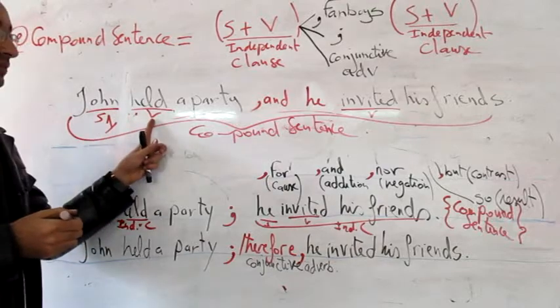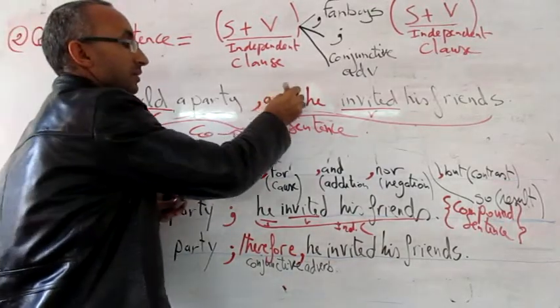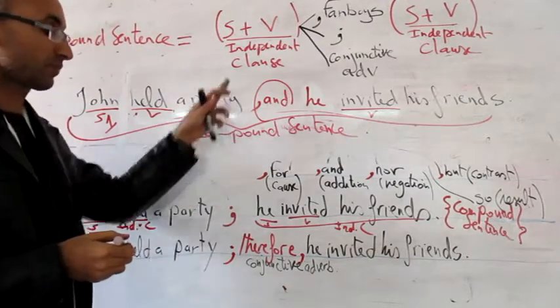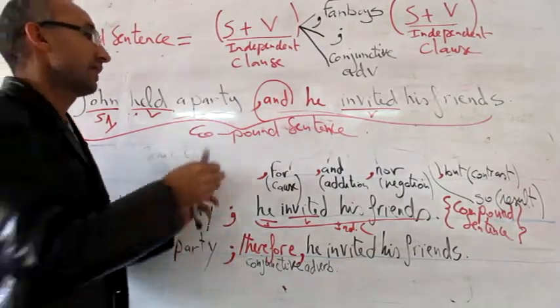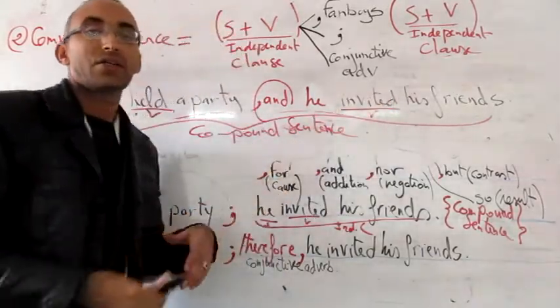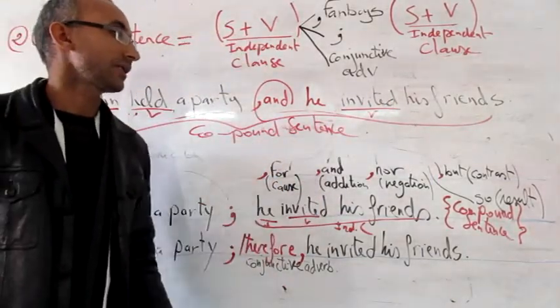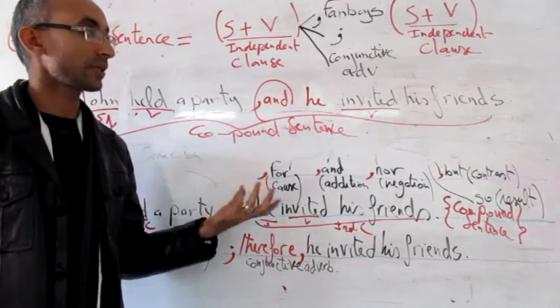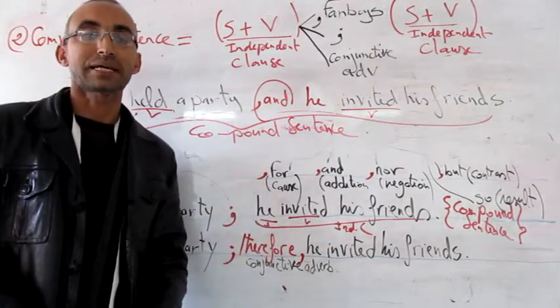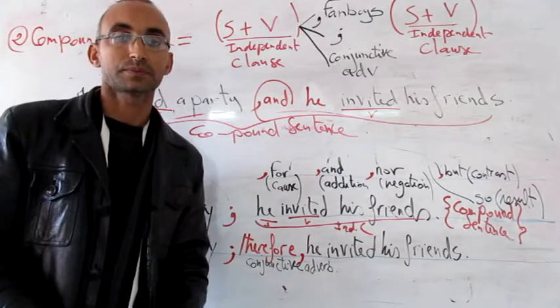S plus V, then one of these elements, semicolon or FANBOYS, or therefore, and S plus V. And this is simply the structure and the form of my second type of sentences, I mean the compound.